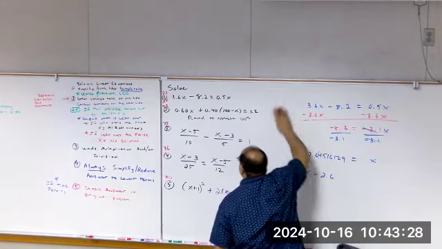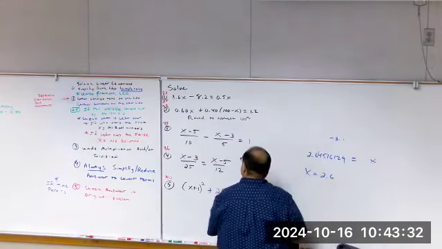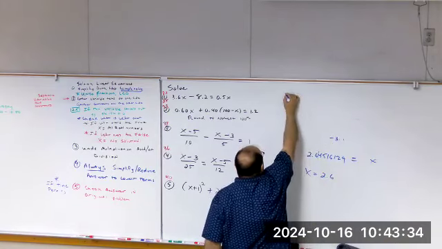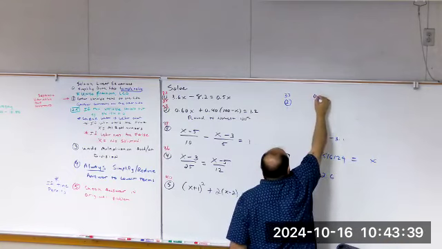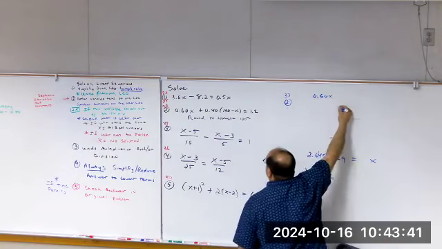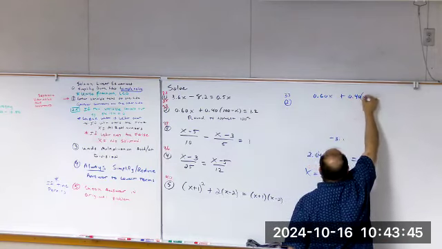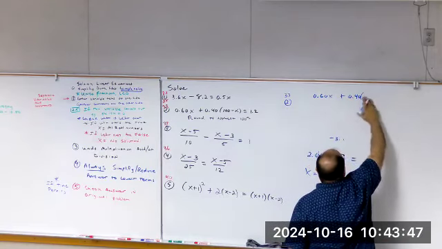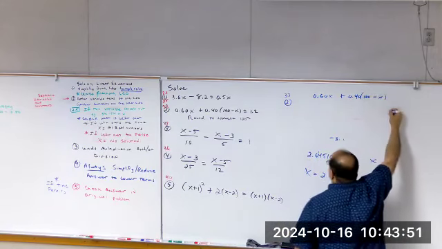Number 33 from homework 2.2. 0.60x plus 0.40 times (100 minus x) equals 1.20.